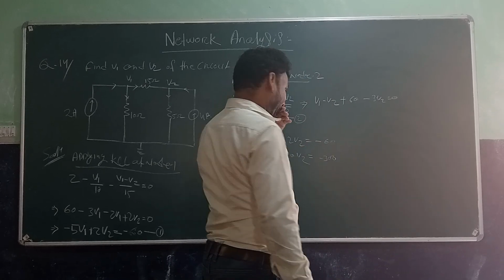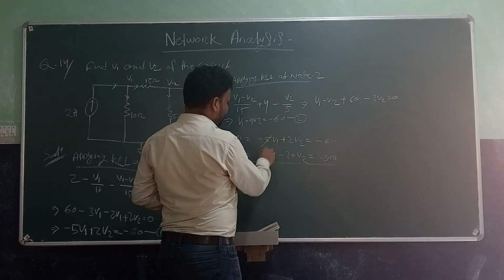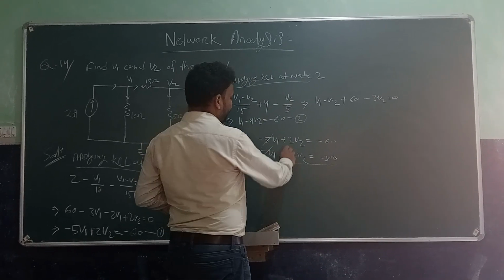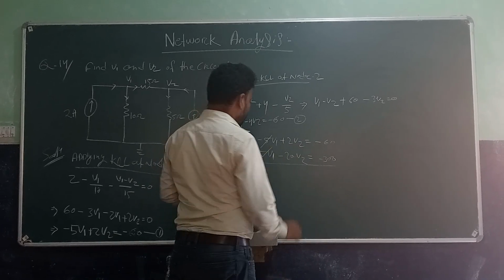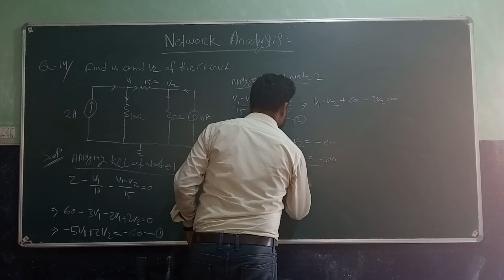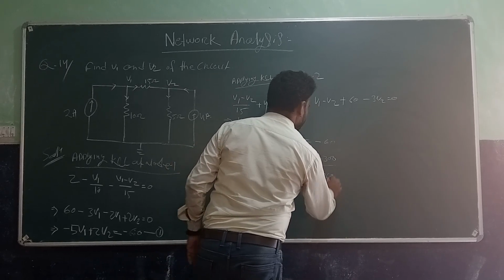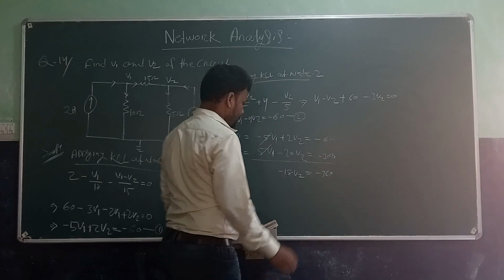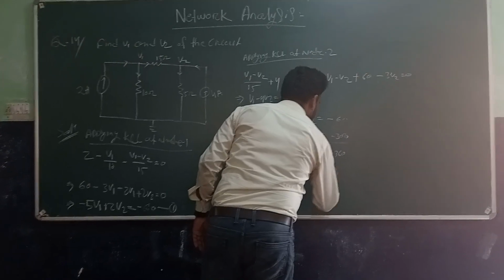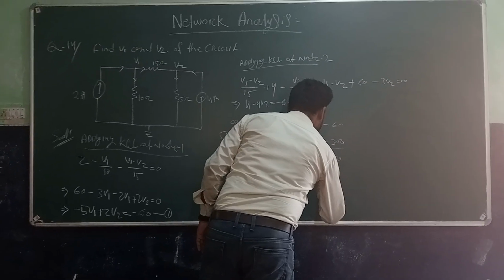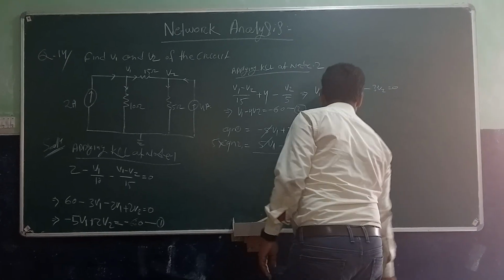So add these two equations. Here minus 5V1 plus 5V1 cancel. Here minus 20 plus 2, minus 18 V2 equals to minus 360. So minus minus cancel. So V2 equals to 360 by 18, which equals to 20.